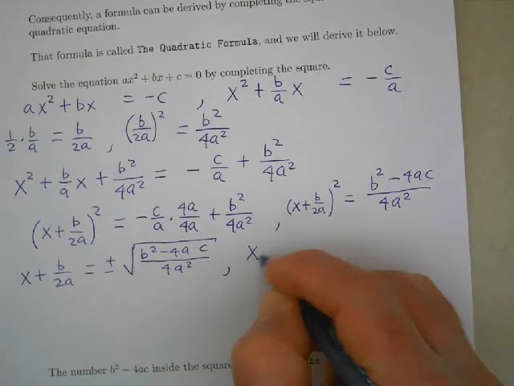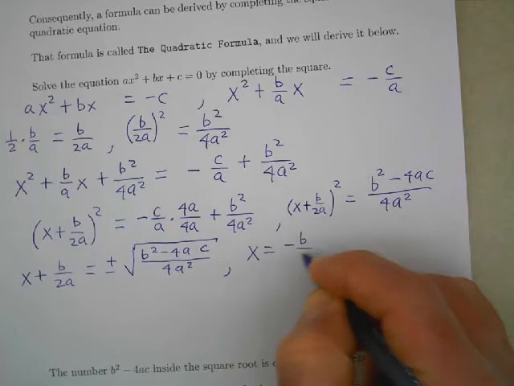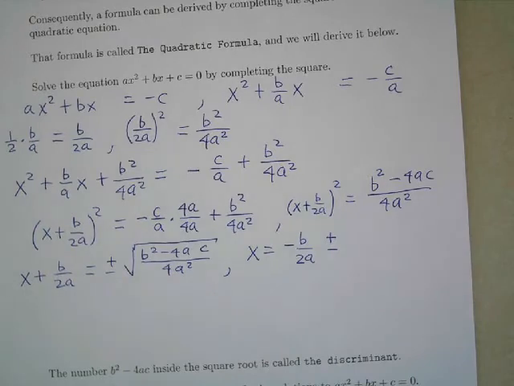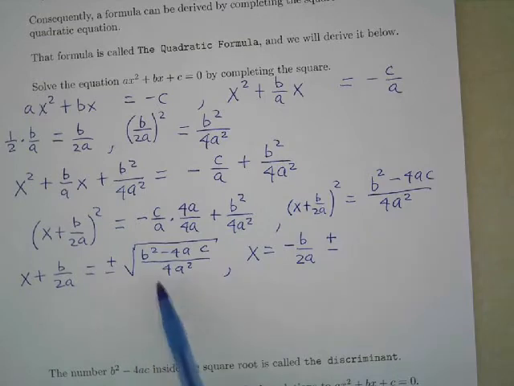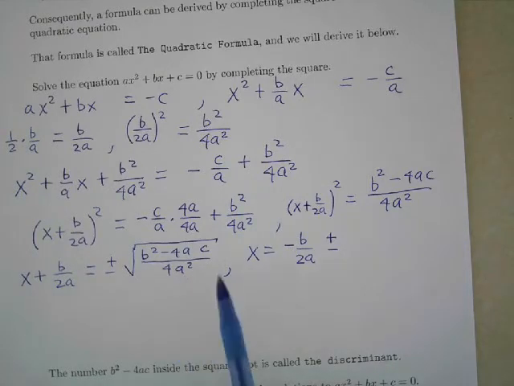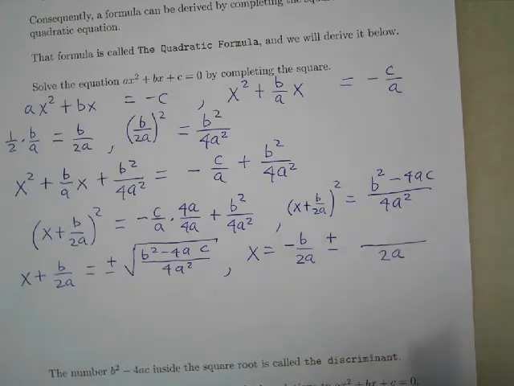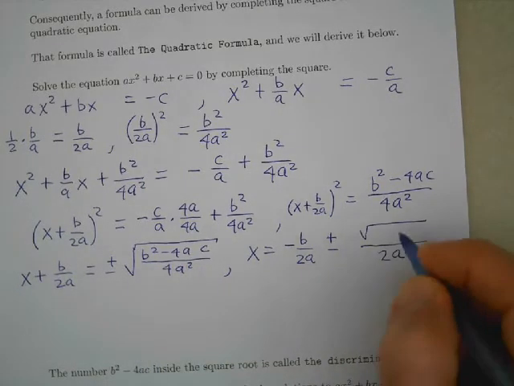So I get x equals negative b over 2a, and then we have plus and minus. Notice inside this square root, in the numerator I have b squared minus 4ac, and in the denominator I have 4a squared. But 4a squared is a perfect square. So when we take the square root of 4a squared, it simplifies to 2a in the denominator. And the numerator is just the square root of b squared minus 4ac.